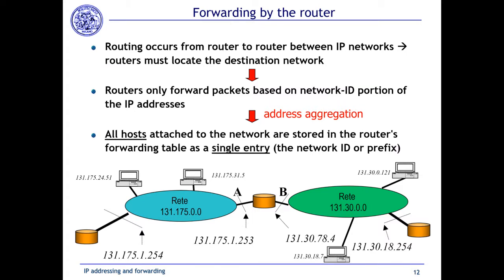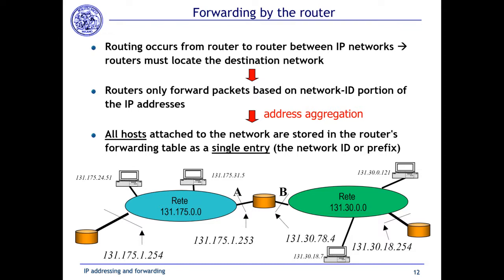This is because all the hosts attached to the same network are stored in the router forwarding table as a single entry. And this is a form of address aggregation, and it's really important because otherwise you would have routing tables of huge size. Okay?